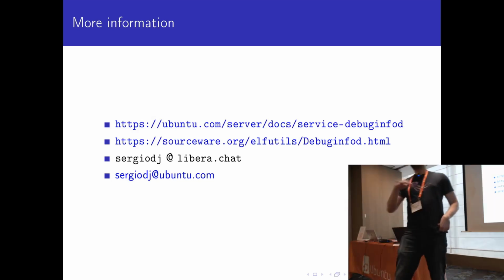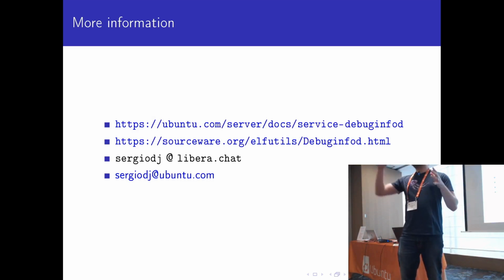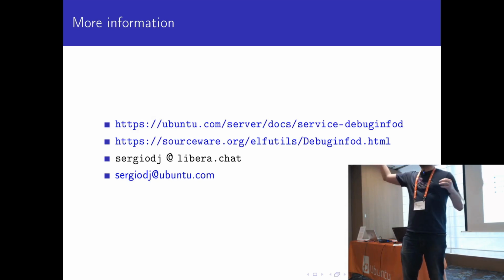The cool thing is it doesn't need to know. It just needs to know the build ID. As long as the build ID is indexed by Debuginfod, it doesn't matter which architecture you're on. If you get a binary compiled in Ubuntu and debug it in Fedora, and point GDB to Ubuntu's Debuginfod server, it will get the debug info.